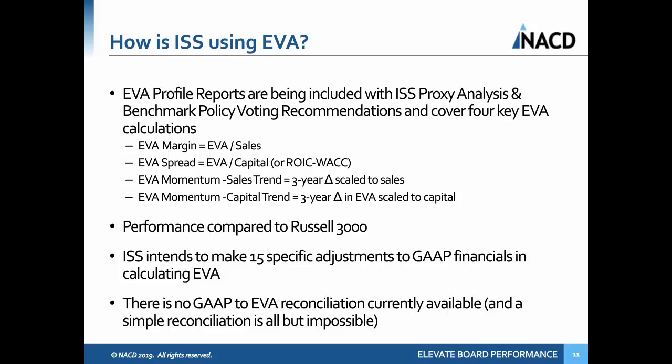That goal will typically be calibrated using one of these other measures, either EVA margin or EVA spread, or one of the growth measures, as a shortcut to the goal setting process. Similar to the way that a company may set an EPS performance goal using some kind of underlying growth rate in EPS.